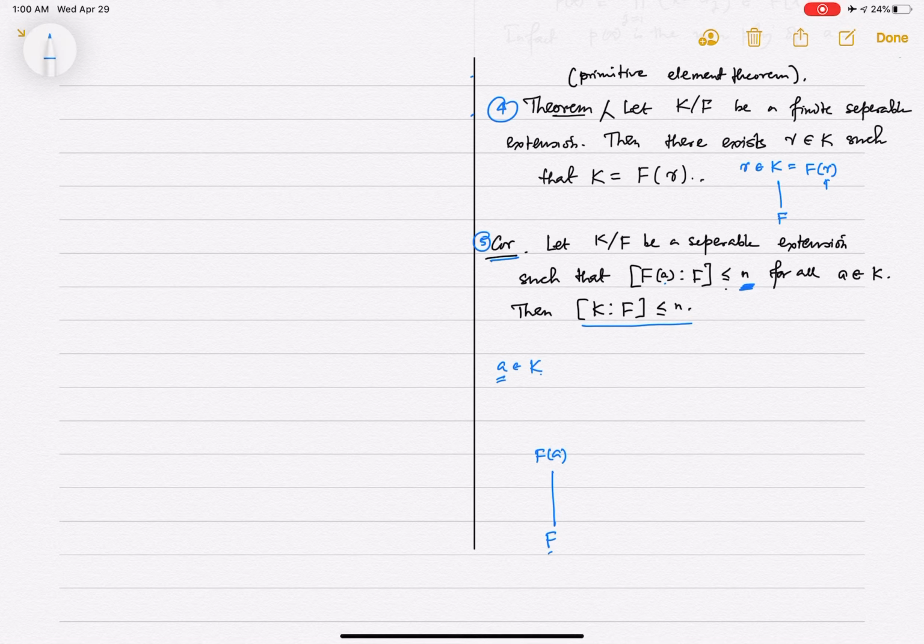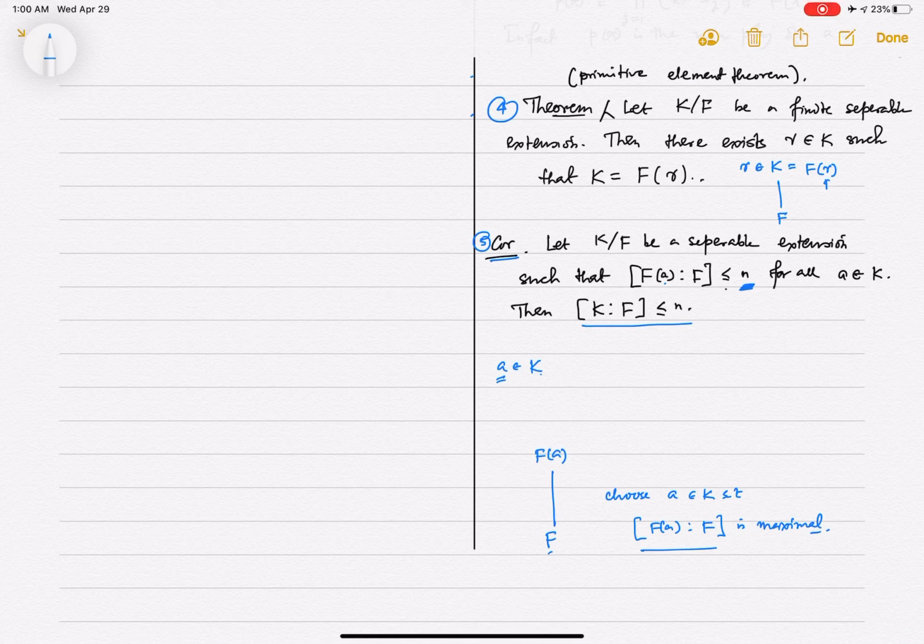And why is this so? So you choose a in K such that the degree of F(a) over F is as big as possible. I know that the degrees are anyway bounded by this fixed number, so I can choose an a such that this degree is as big as possible.